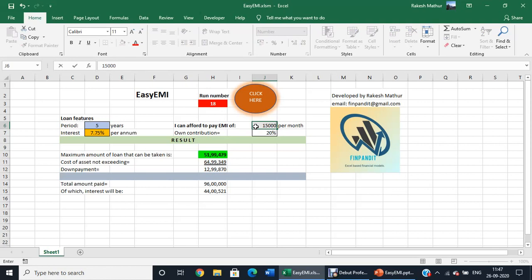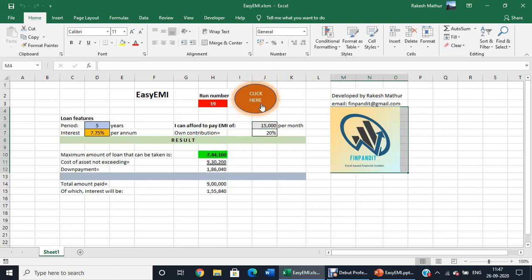So what is the value of the car that you can go for? The model tells you that the maximum loan that will be available to you at this EMI is 7.44 lakhs, and the cost of car should not exceed 9.3 lakhs. Good, right?